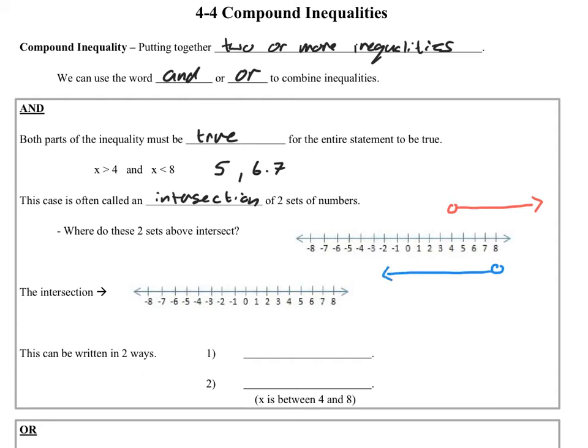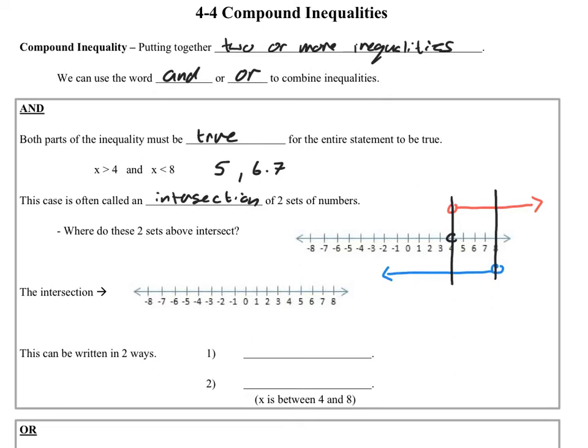The values that satisfy both of these inequalities are in the intersection of these two graphs, or we could say the overlap of these two graphs.